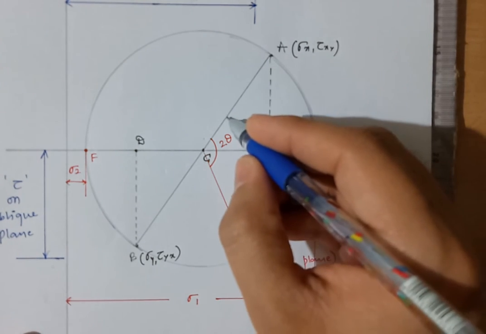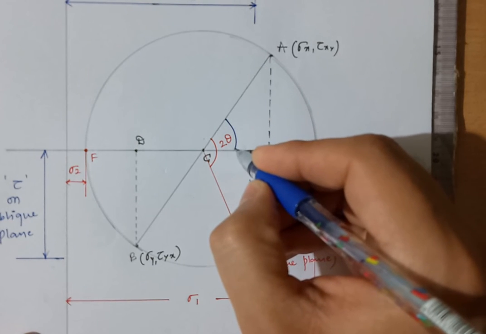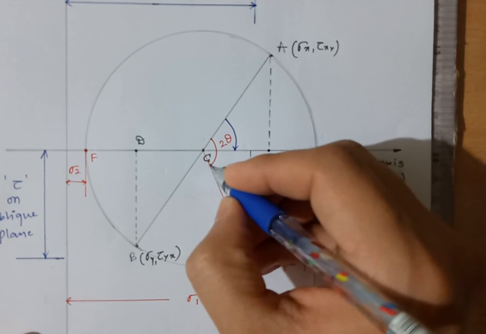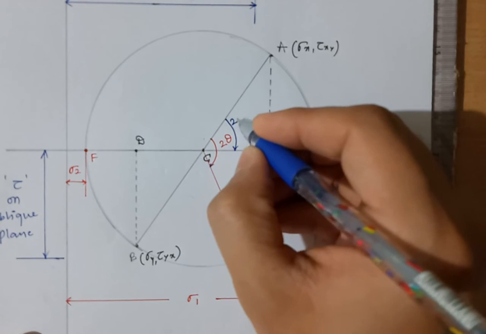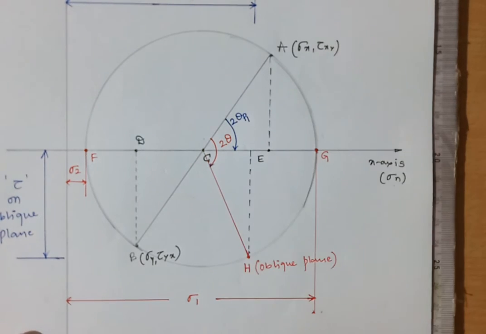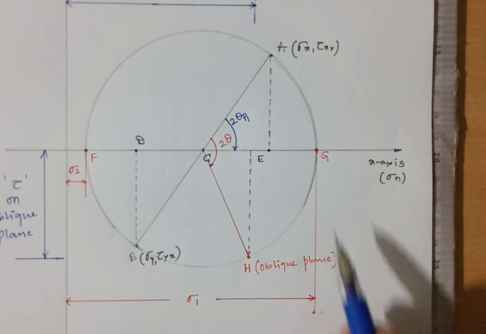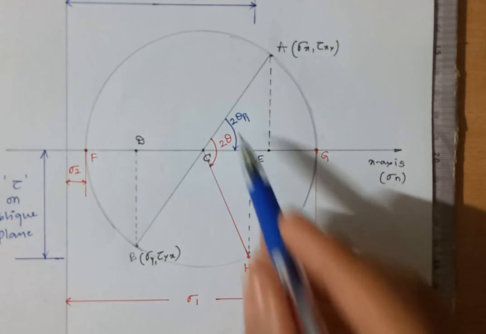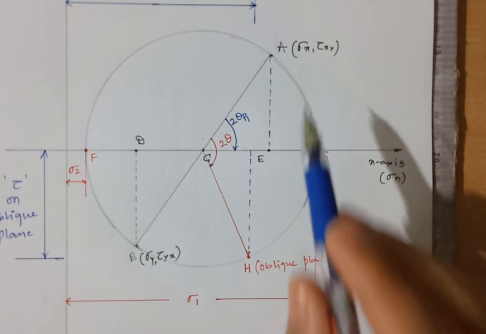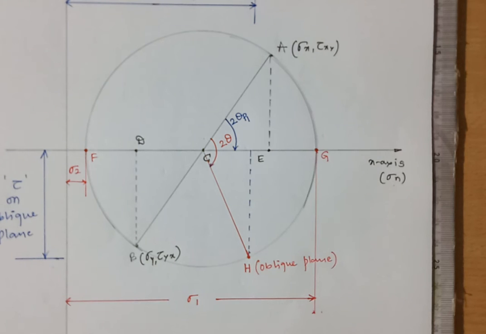This angle in this direction I call 2 theta P1. I already told you, any angle which I mark on the Mohr circle with respect to the center will always be double compared to the analytical method. So theta P1 is the angle for the major principal plane. For the major principal plane, I have marked 2 theta P1 with respect to the reference plane A, because my reference plane is fixed.